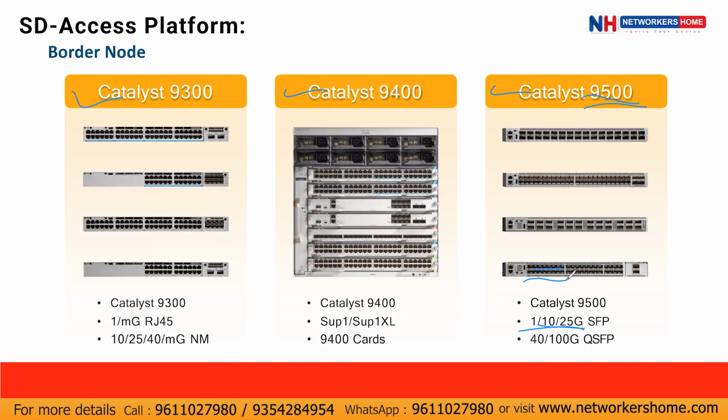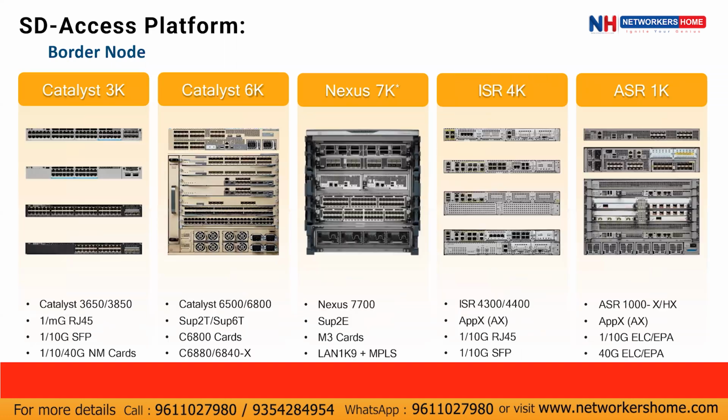The edge nodes' uplinks will be connected on this specific border node, so this device mostly suffices the requirement. Not a mandate, just sharing my experience, whatever I have worked on. This was the model used for the border node.